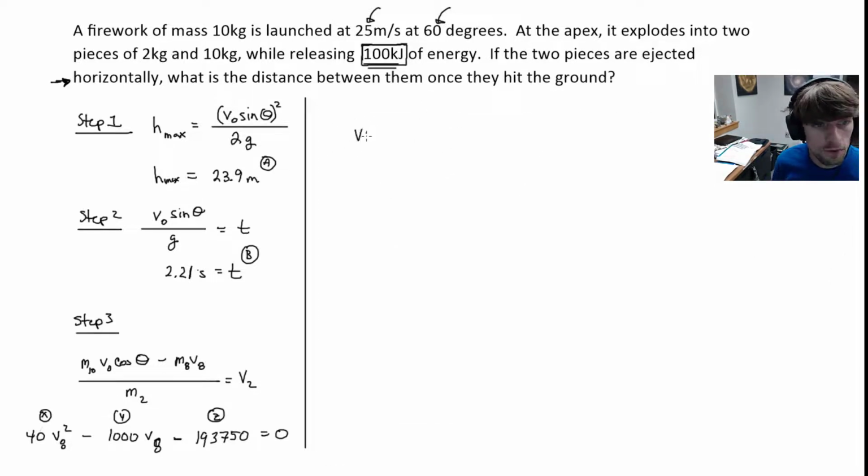So let's go at it. Of course, V8, I love it. That's 1,000 plus or minus the square root of 1,000 squared minus 4 times A, 40, times C, this huge mess, 19,3750. Of course, you notice that was a negative. That's to the 1/2, all over 2 times 40.